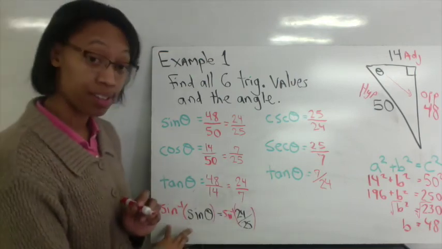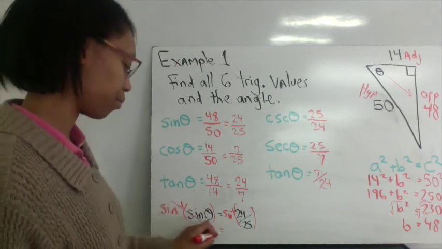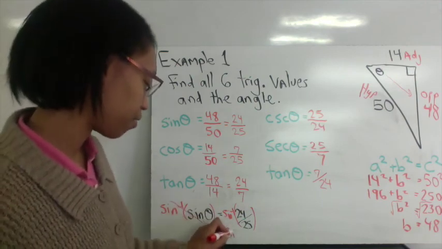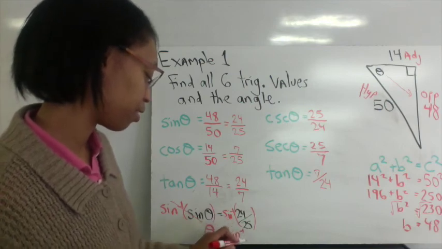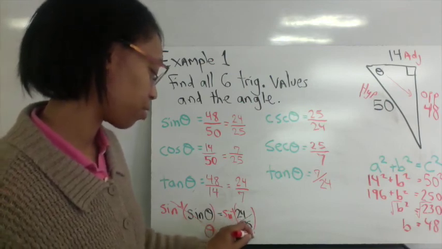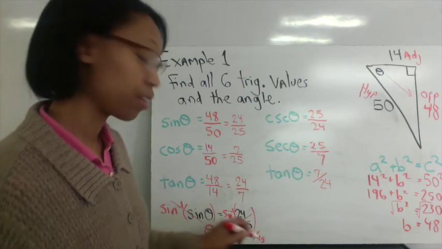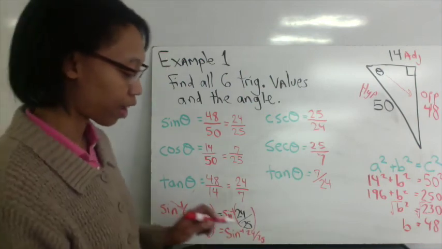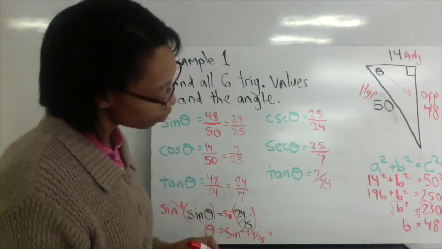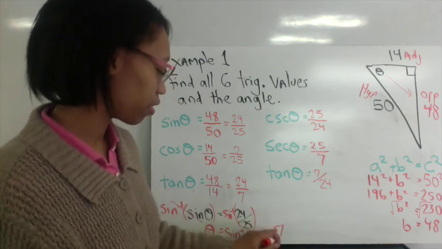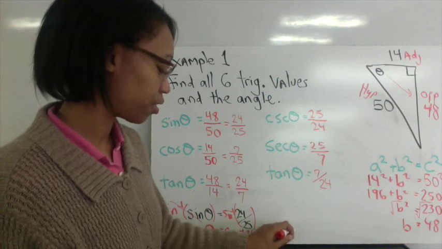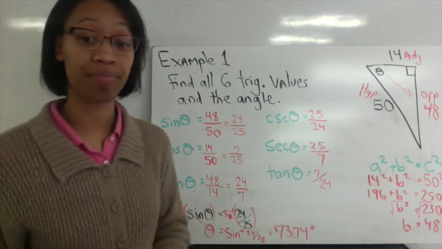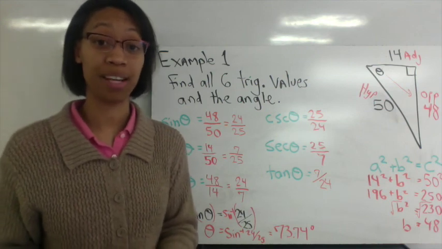These are going to cancel, and I'm going to get my angle. Let's write that clearer: we have the inverse sine of 24 over 25. Just put that right in your calculator, inverse sine of 24 over 25, and we happen to get 73.74 degrees for the angle. Great job.